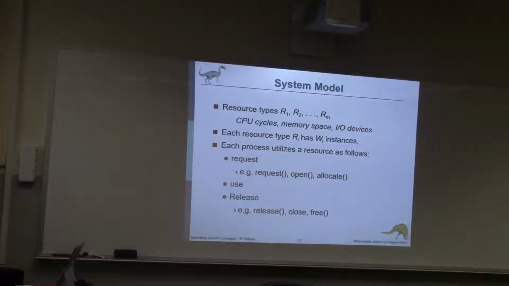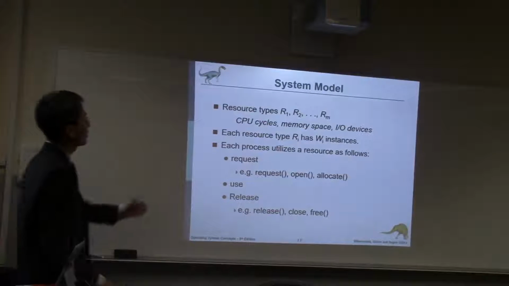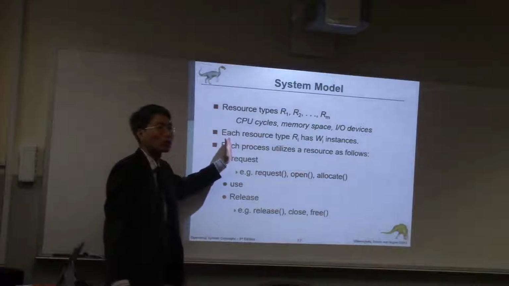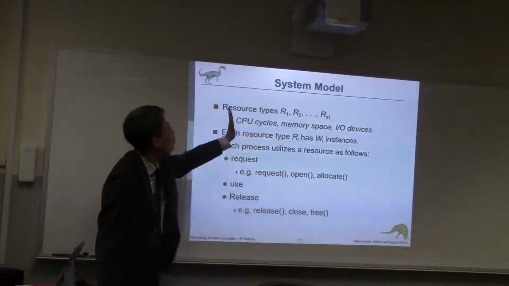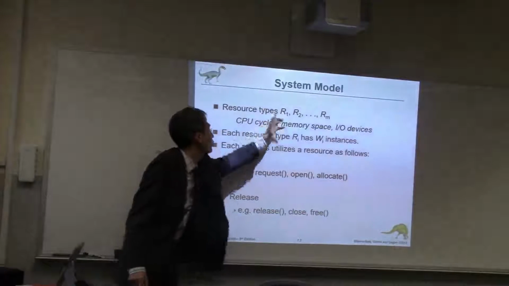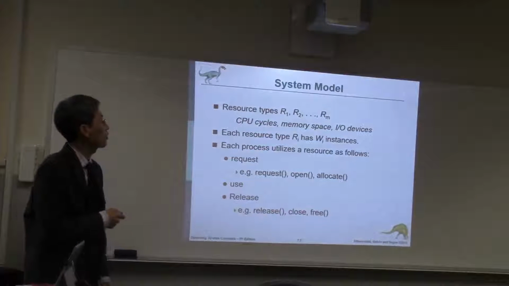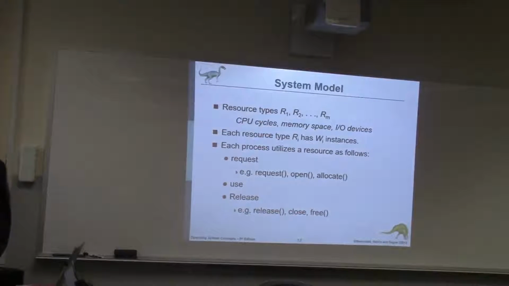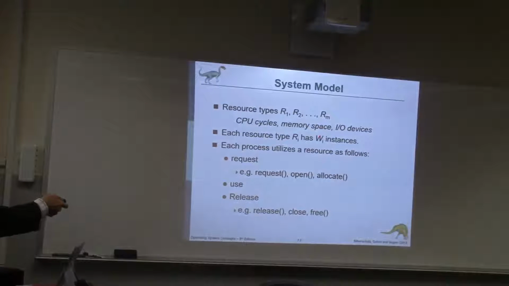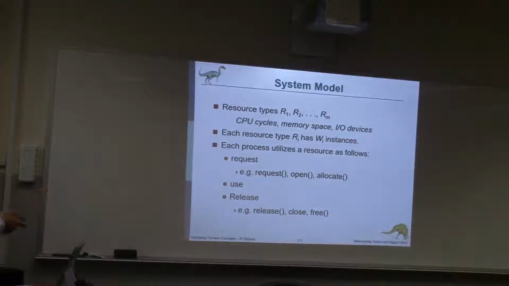It's a type, okay? Sometimes we can have multiple CPUs, but that doesn't mean we have multiple types. There's only one type for the CPU. Each resource type may have multiple instances, like CPU 0, CPU 1, CPU 2. We will see the details about it. That is W instances, so each resource type has multiple instances.